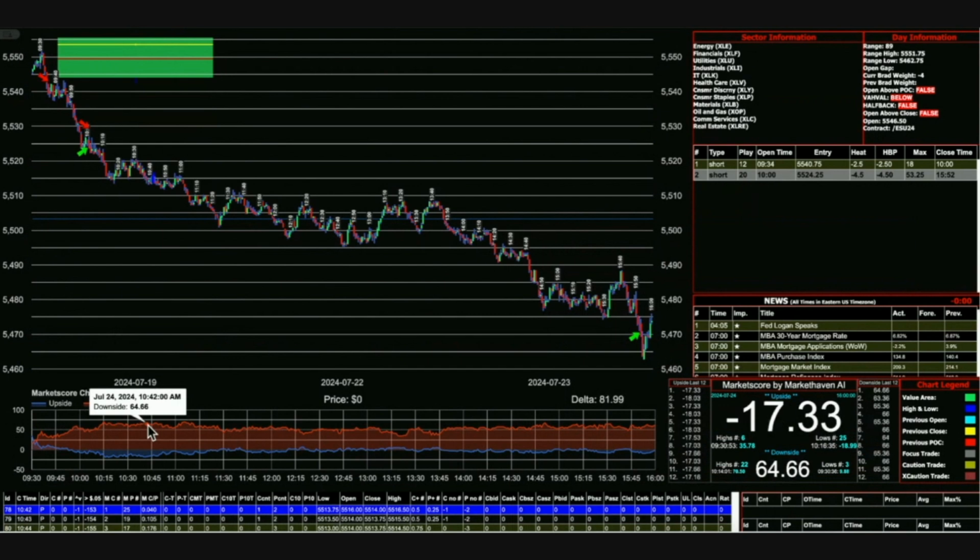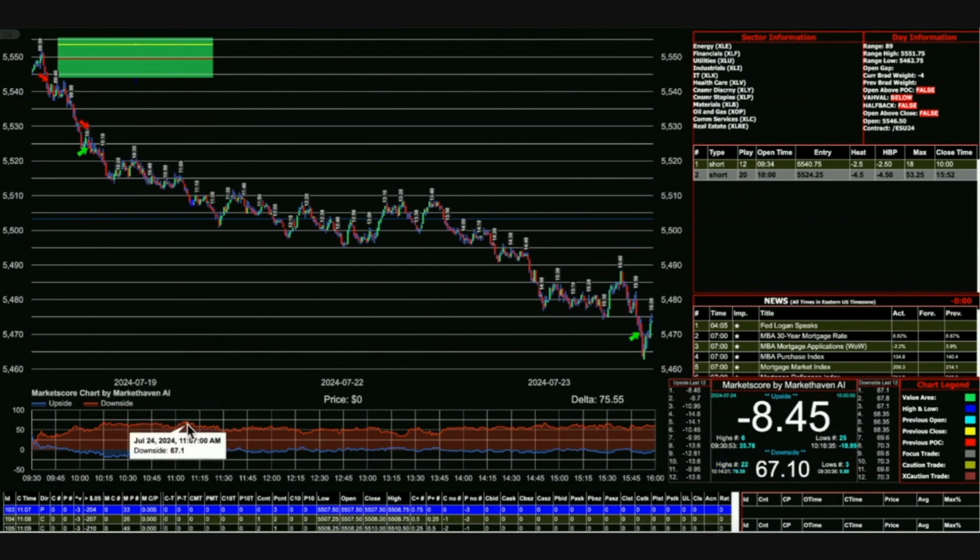And as you can see, it progresses and adds new highs to the downside as the day goes. It is showing significant pressure to the downside. And keep in mind, the market is moving down, the downside is on top and basically killing it all day. Everything's in alignment. That is a relatively a trend day.